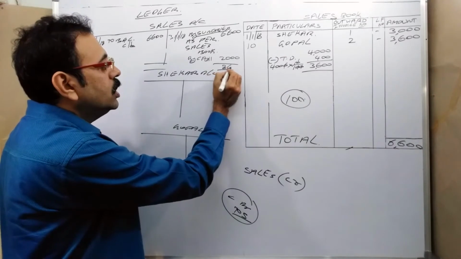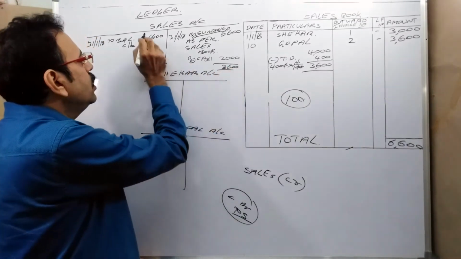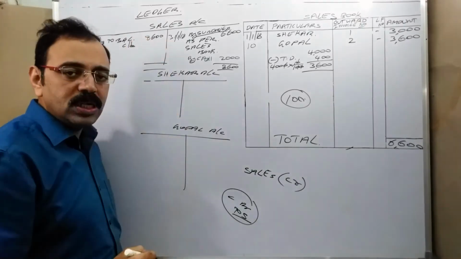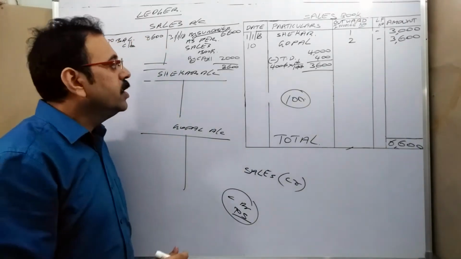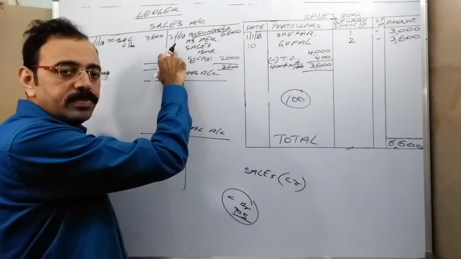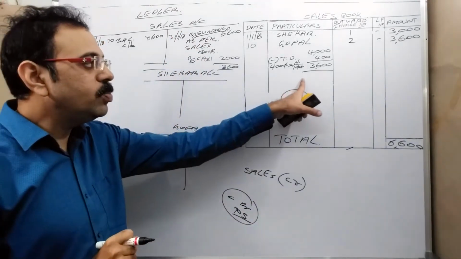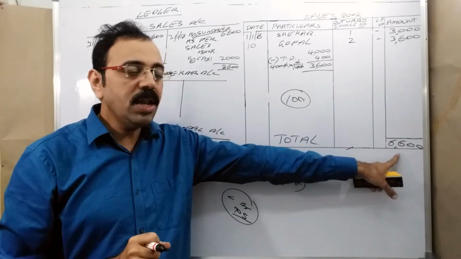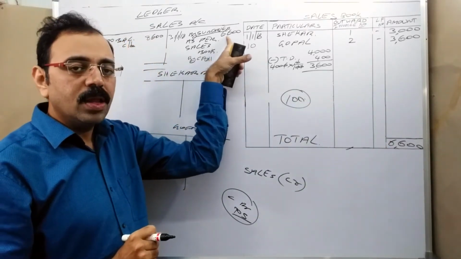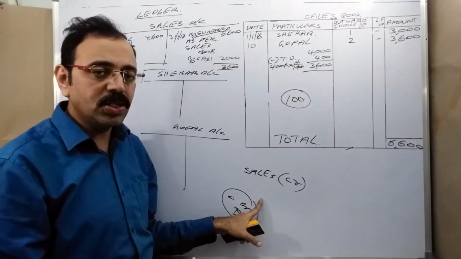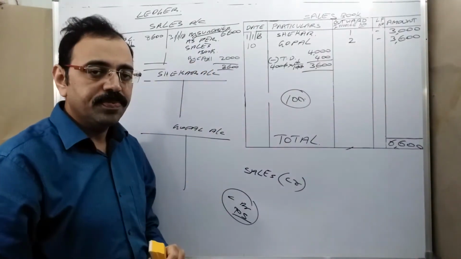Then credit total is 8,600, then here balance becomes 8,600. So remember, in the sales account, how we post the transactions: from the sales book, total credit sale we can post, and from the cash book, all cash sales also we should enter.